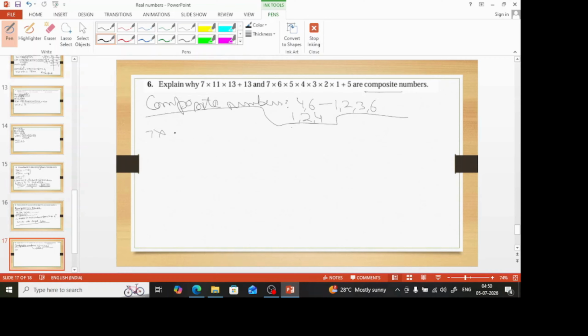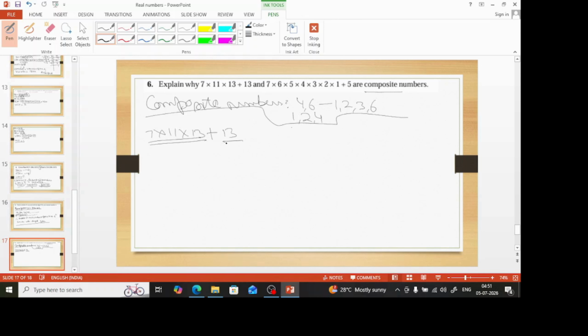7 into 11 into 13, plus 13. If we solve this, 13 is common in both of them. First we will divide into 2 parts.